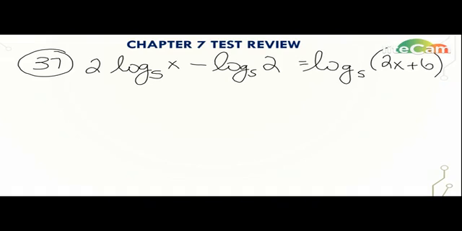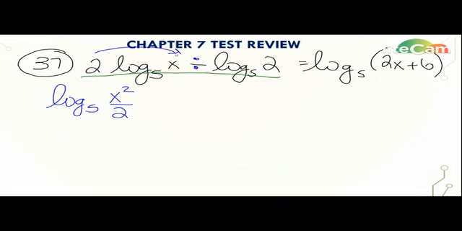As soon as you see 2 logs that are together on one side, you're basically going to have to condense it. This is where you bring those condensing rules back into what you're doing here. This is going to be x squared divided by 2. Notice that changes to divide, and that becomes an exponent right there. So I've got log 5 of x squared over 2 equals log 5 of 2x plus 6.